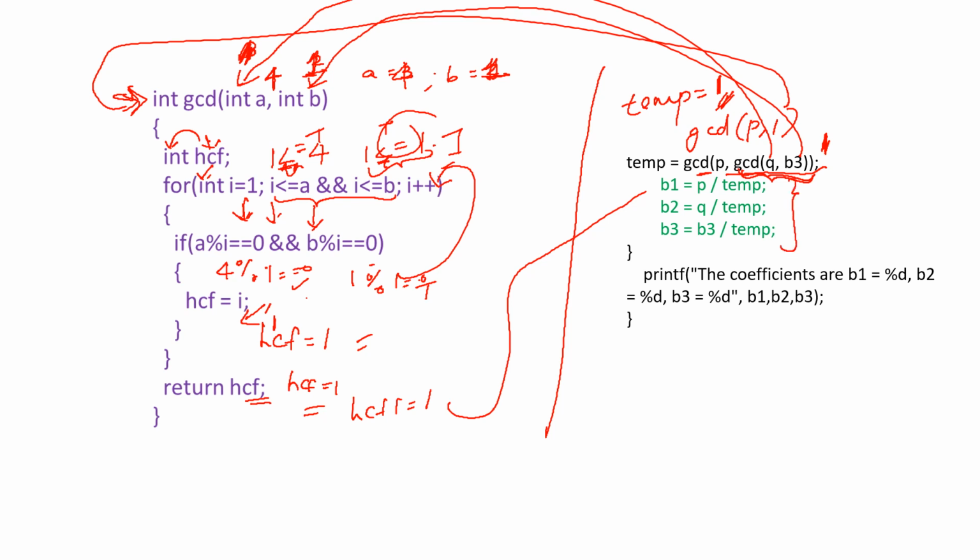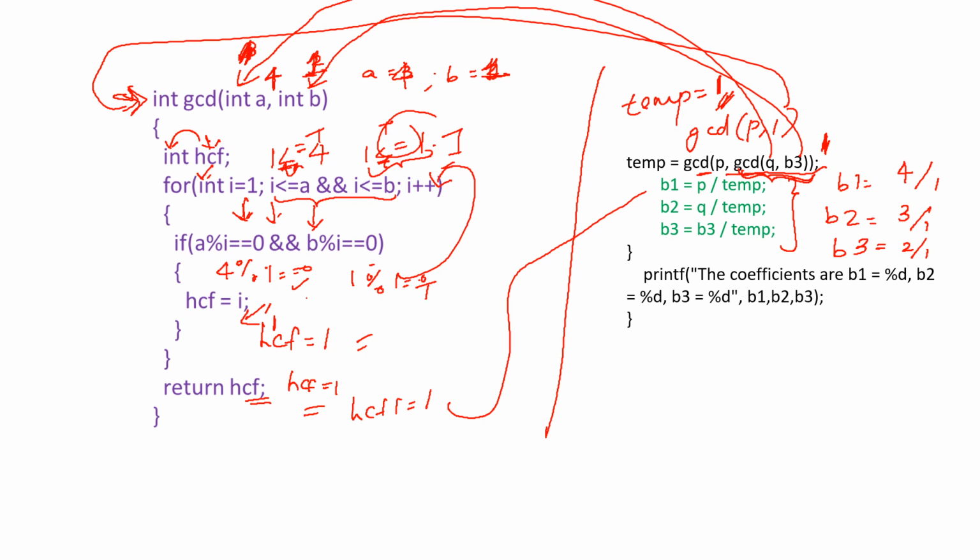Once you have got the temp value, you are going to compute the coefficients B1, B2, B3 as I mentioned in the beginning, step 1, step 2, step 3. Now what will be your B1? B1 will be equal to P, which is 4, divided by 1. B2 is equal to Q, which is 3, divided by 1, and B3 is equal to 2 divided by 1. So the values are 4, 3 and 2.